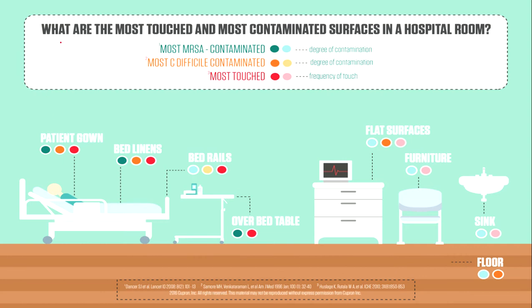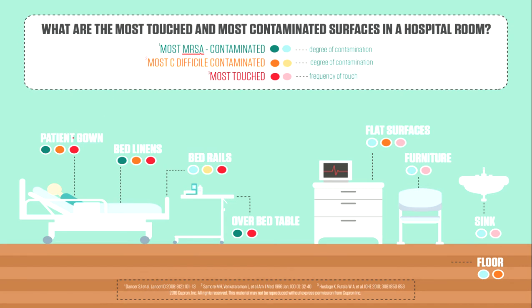What are the most touched and most contaminated surfaces in the hospital room? We have this particular picture for methicillin-resistant Staphylococcus aureus contaminated surfaces, but it applies to all infections in the world.